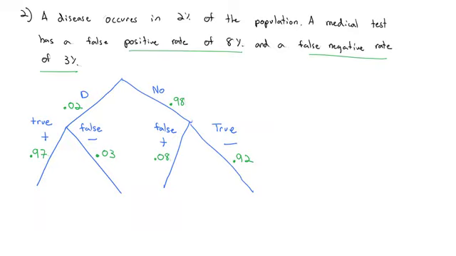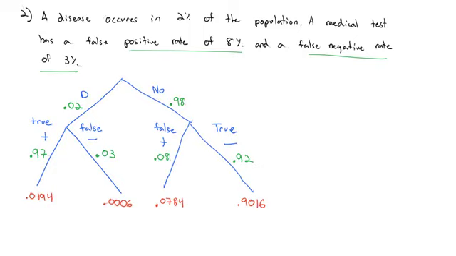Now we can multiply down the branches to see all the possibilities. 0.02 times 0.97 is 0.0194. 0.02 times 0.03 is 0.0006. 0.98 times 0.08 is 0.0784. And 0.98 times 0.92 is 0.9016.